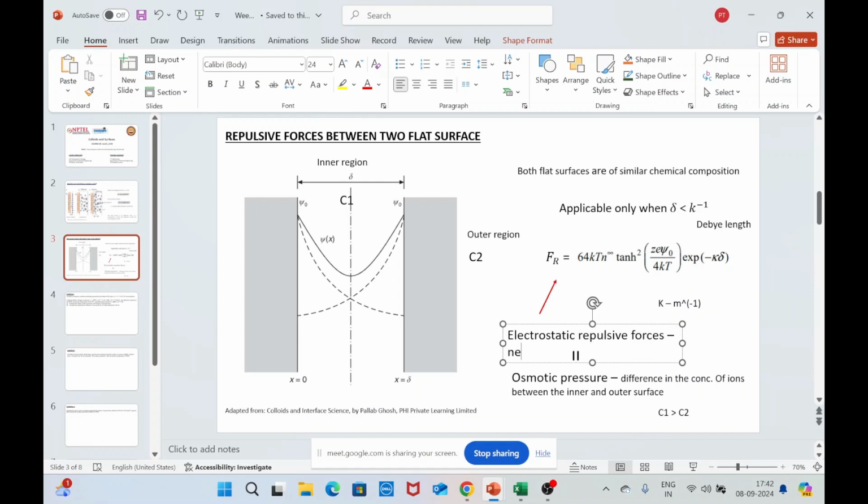The charged particles of similar polarity, or you can say of similar nature, will result in repulsion, or will contribute to the repulsion.